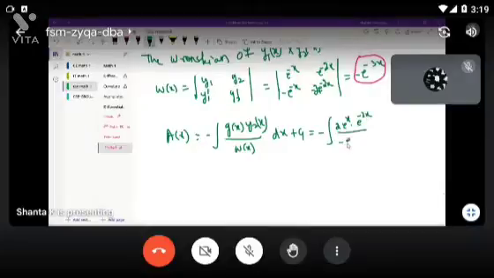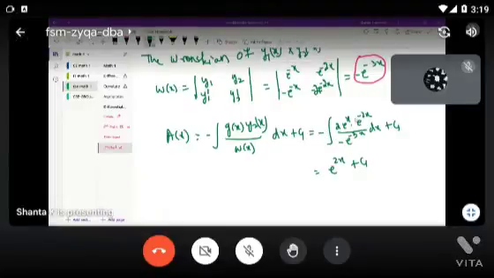And this, after simplification, it will be e power 2x plus c1. Okay. So 2 will be here, and you see it will be e power minus x and minus minus plus. So if you take this one up, it will be e power 3x and minus x will be e power 2x. And 2 is here, so integration will give you 2 gets cancelled. So this is our a of x.